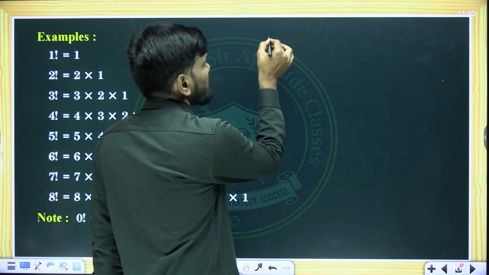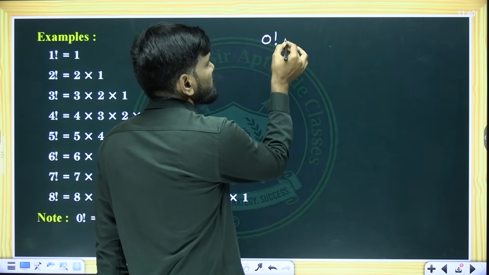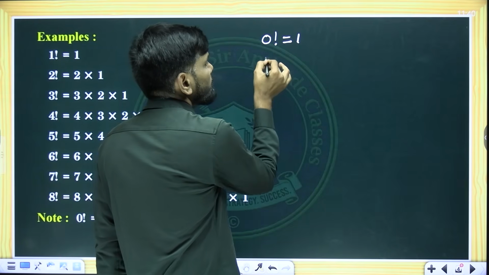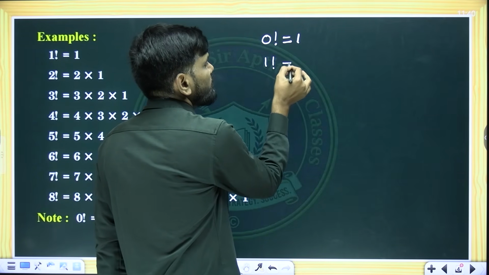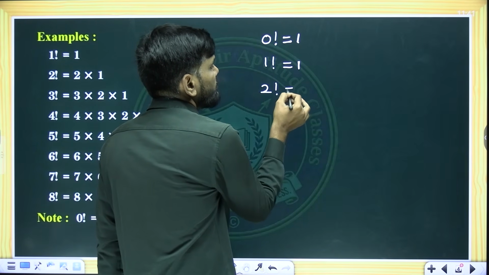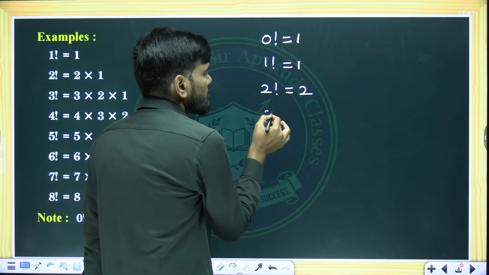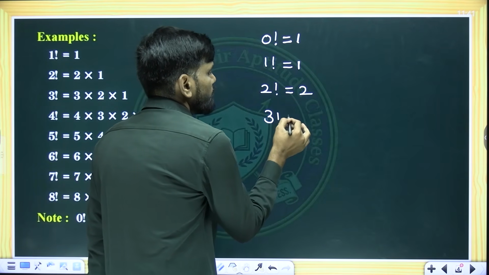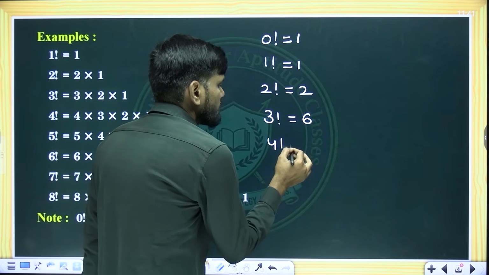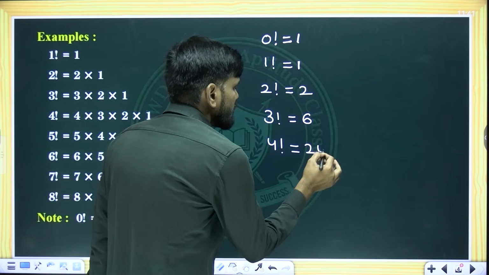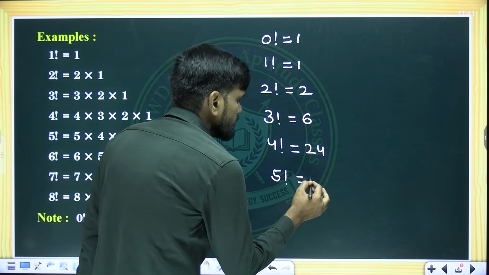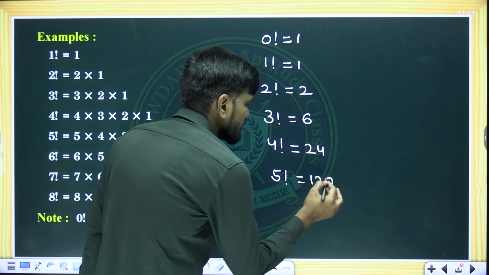Let me write over here. 0 factorial is predefined as 1, as I already told you. 1 factorial value will be 1. 2 factorial value would be 2. 3 factorial value should be 6. 4 factorial value should be 24. 5 factorial value should be 120.